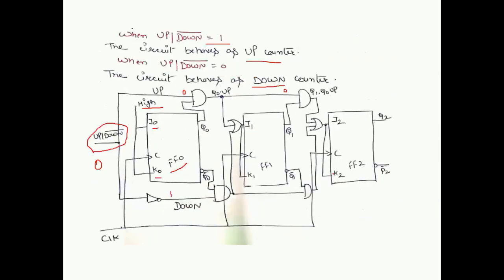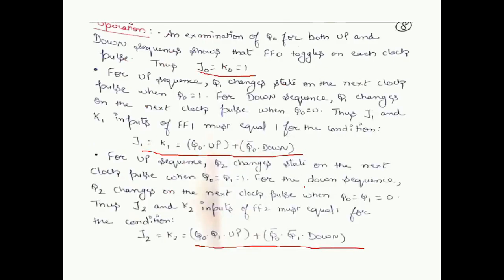You can see it over here. So this signal is already Q0 dot up dot Q1, and this below signal is already Q0 bar dot down dot Q1 bar. So these are the connections and the values of our up-down counter in the synchronous mode. That is the same clock signal to all the flip-flops.